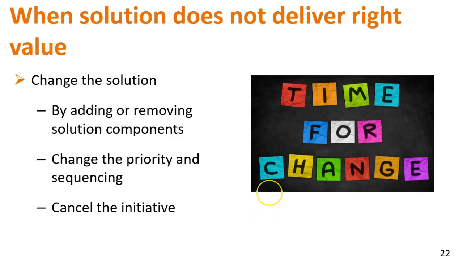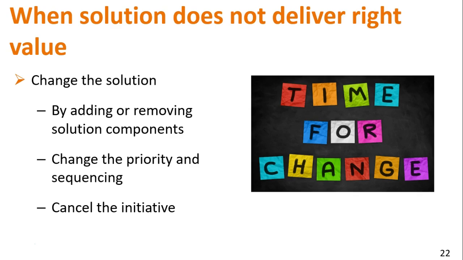This is where we say, okay, can we get where we need to go if we change things? Can we get where we need to go if we add some more component, add some more delivery to the solution, add something new, add something different?